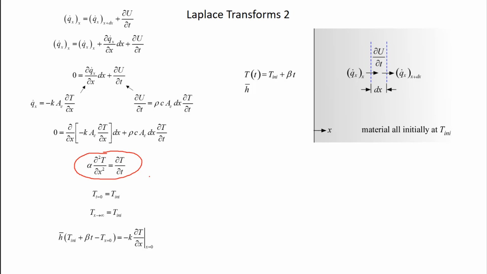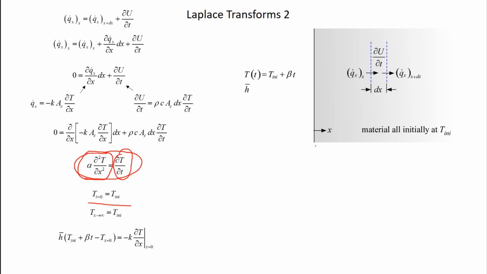It's the same partial differential equation we solved for separation of variables. I need, let's see, it's first order in time. So I need one boundary condition, and that is that at time equals 0, the temperature at all x positions is T initial, right? So this is my initial condition. And then I need two boundary conditions in x because it's second order in x.